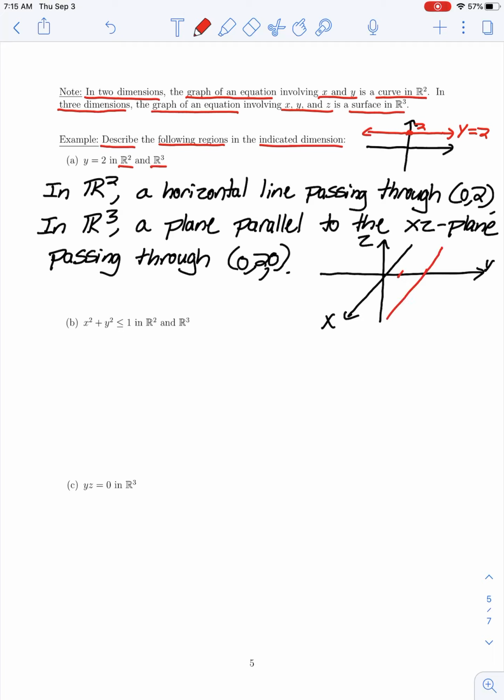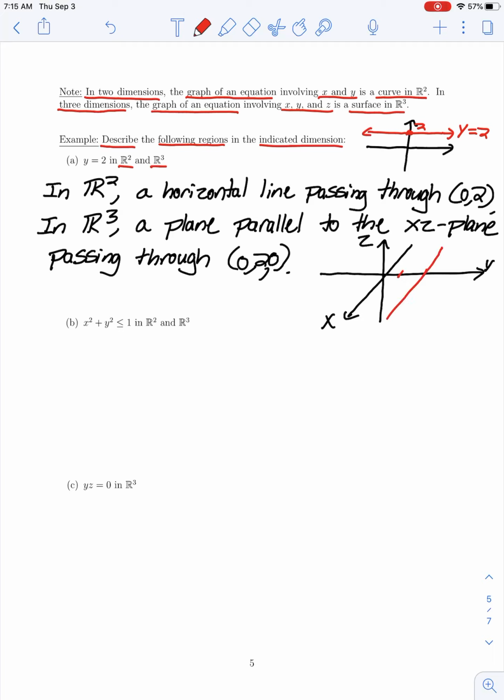So we're talking about a plane here which lies 2 units directly to the right of this xz plane. So we have here a plane which is parallel to our xz plane 2 units to the right in space.